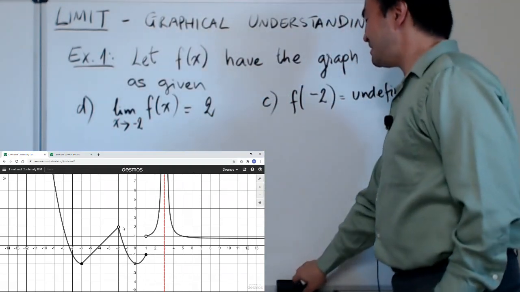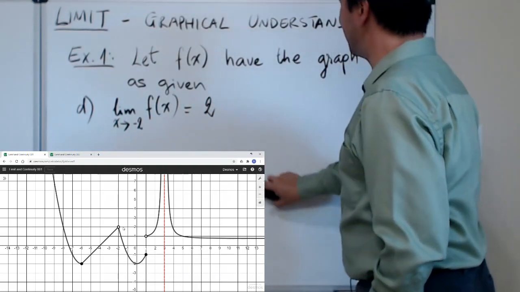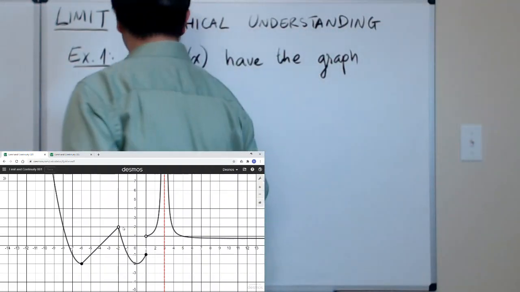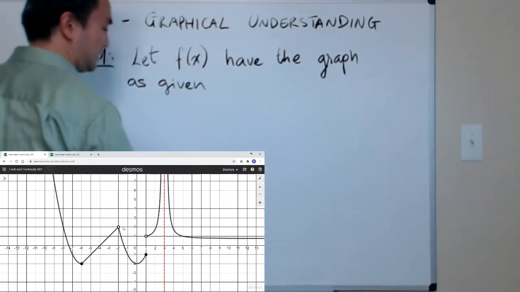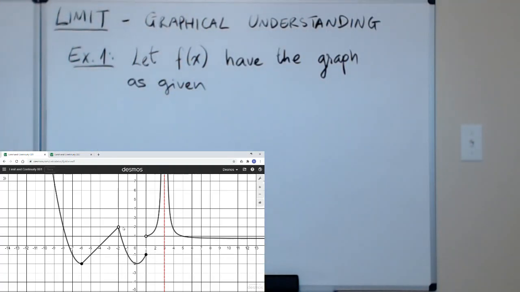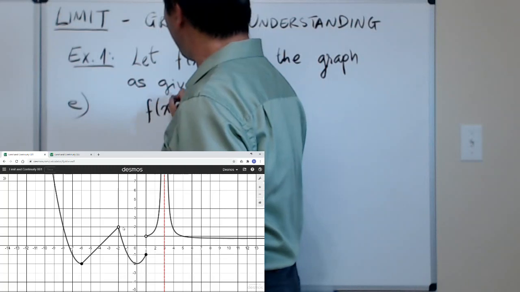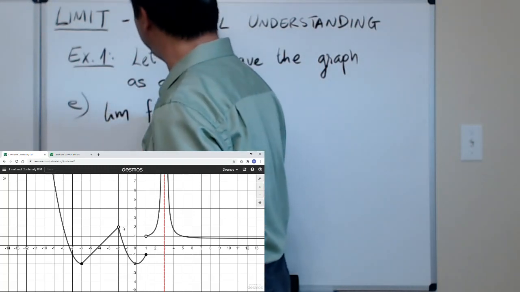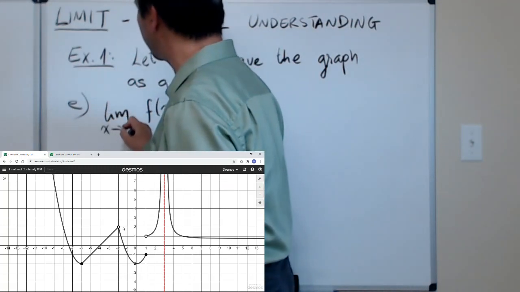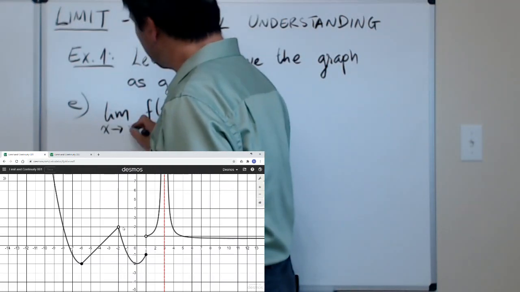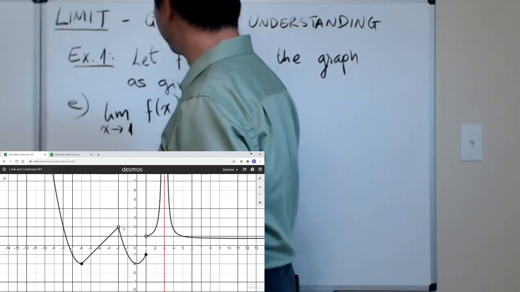Let me continue further into this example. Once again, f of x is some function having the graph as given, and you are still seeing it on screen right there. Part E. What about the limit of f of x when we're coming closer to 1 on the x-axis?